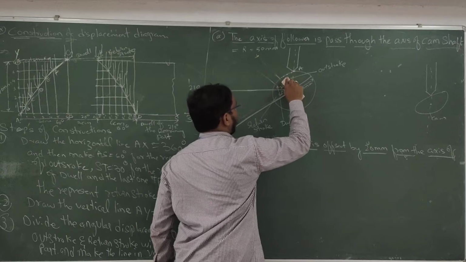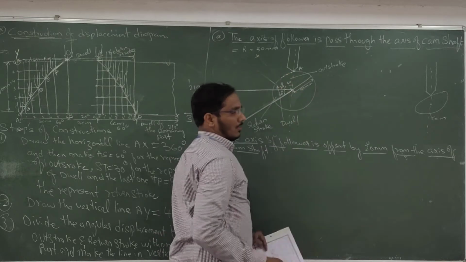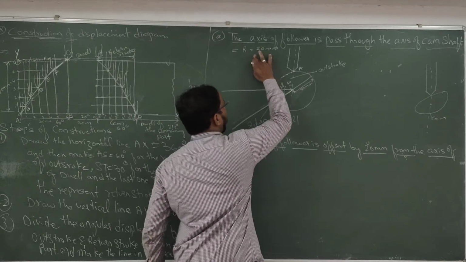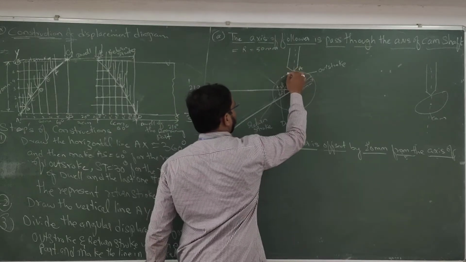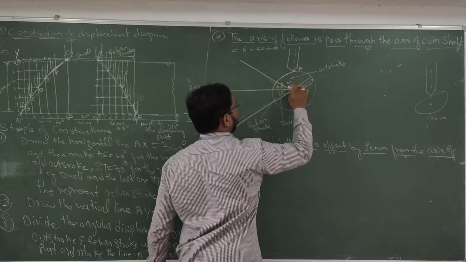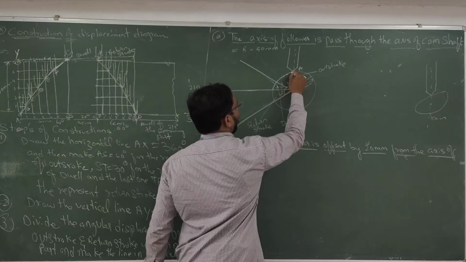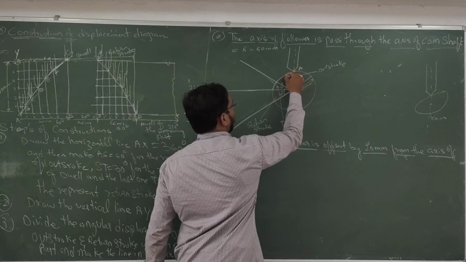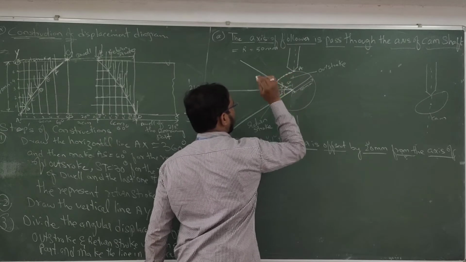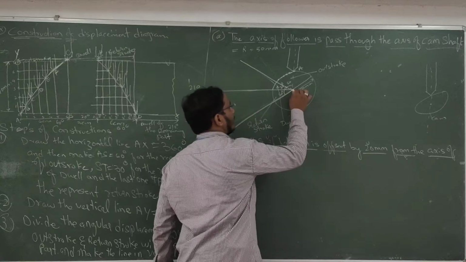If you take the exact value with the help of a protractor, you will get an accurate result. One, 2, 3, 4, 5, and then the sixth. Just elongate these lines.